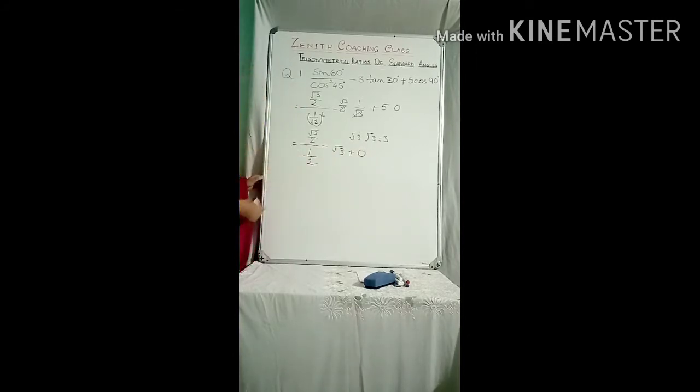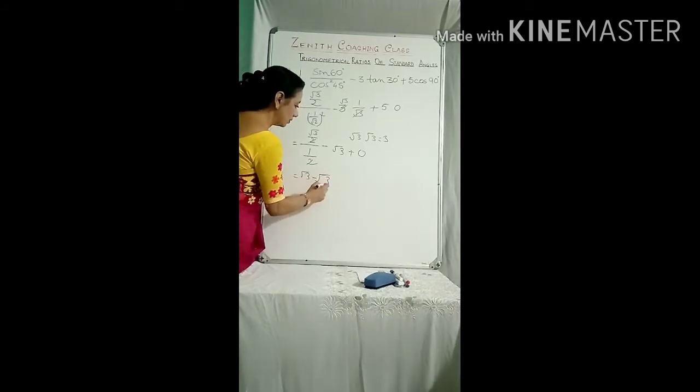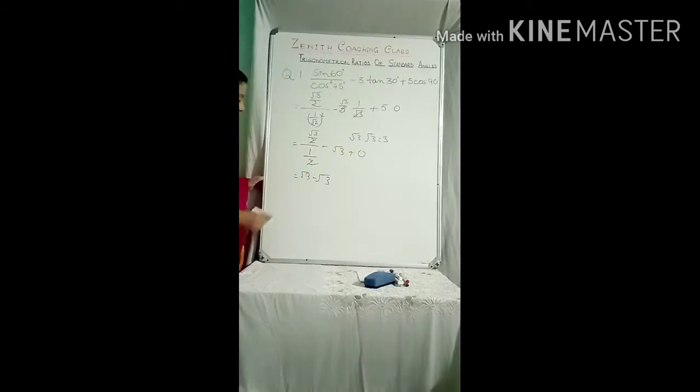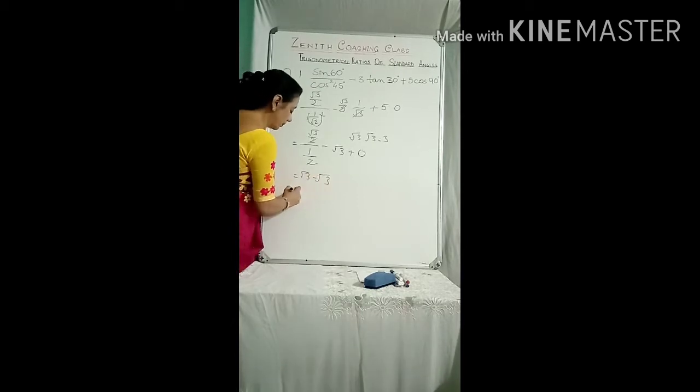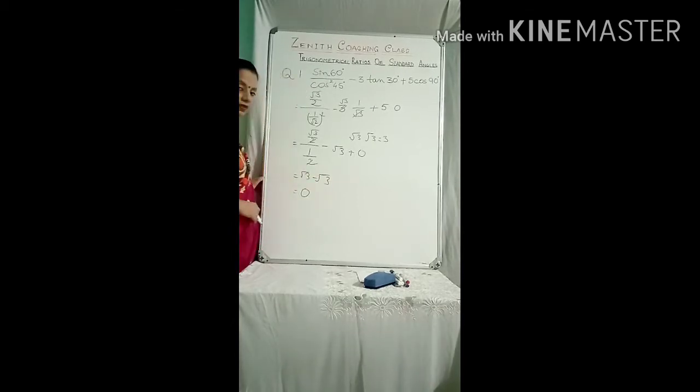Now solve it. 2 is the denominator, cut it. So root 3 by 1 is root 3, minus root 3, plus 0 you don't write. So root 3 minus root 3 equals 0. This is the answer. Tough sum? Not at all. Let's move on to the next sum.